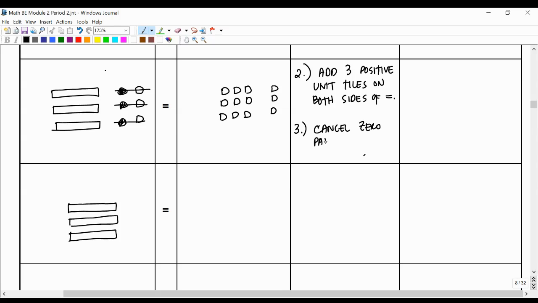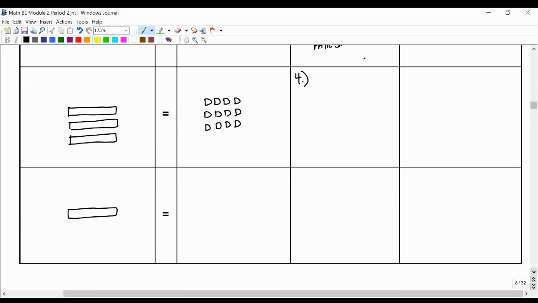Feel free to pause right here if you're still doing this, as I'm getting ready to move on to step 4. So step 4, I'm going to draw a lot of unit tiles. Looks like, in fact, I'm drawing a total of 12. All right, and now we can also flip back in our module and look at the step before.